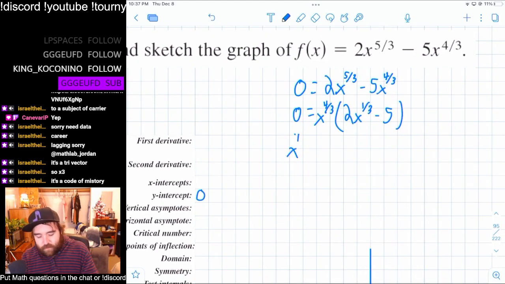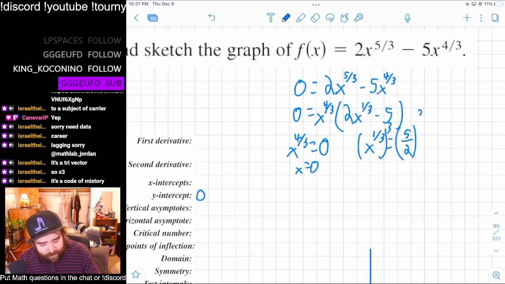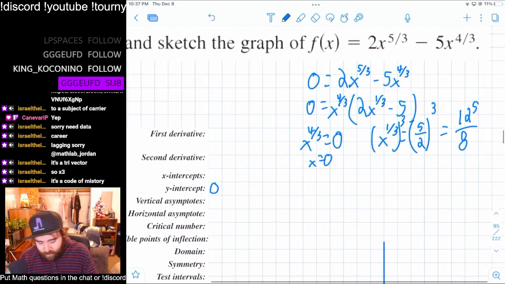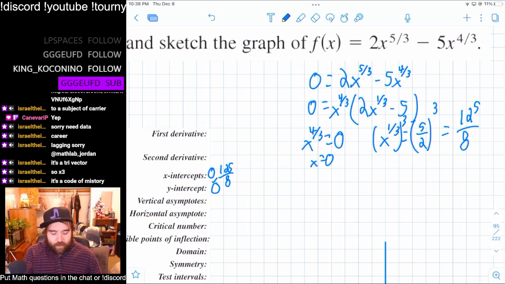So we're setting both of those equal to 0. That's how we're getting x equals 0. That's going to be our y-intercept. And then the other one equals 0. So I'm going to add 5 and divide by 2. So x to the 1/3 equals 5 halves. Then I have to cube both sides to get x by itself. 125 eighths. Oh, lordy. So 2 x-intercepts, 0 and 125 eighths. I feel like we're trying to do all of this without a calculator.